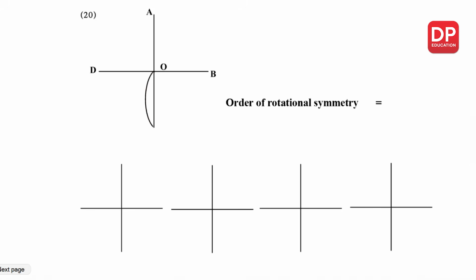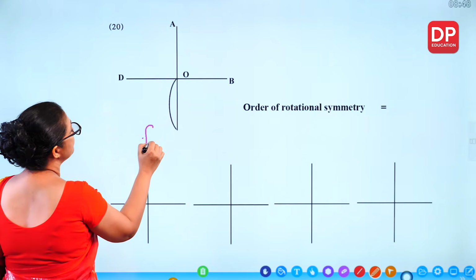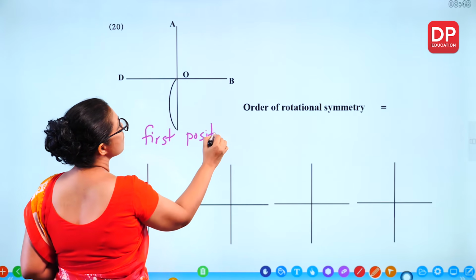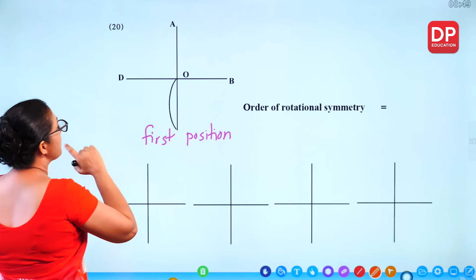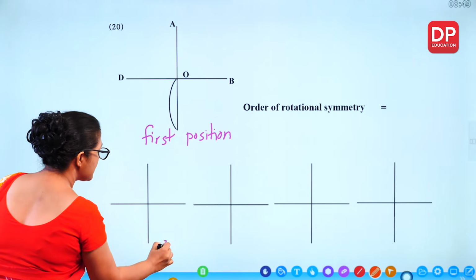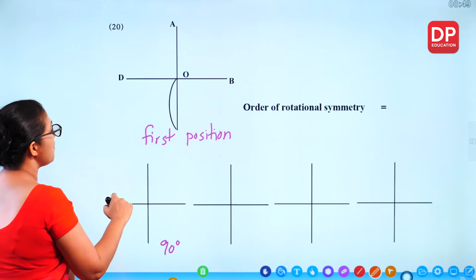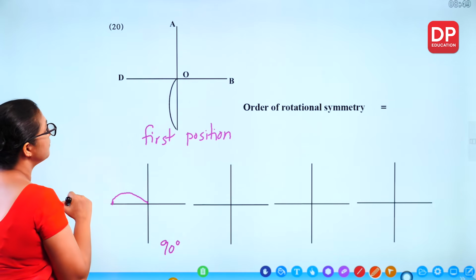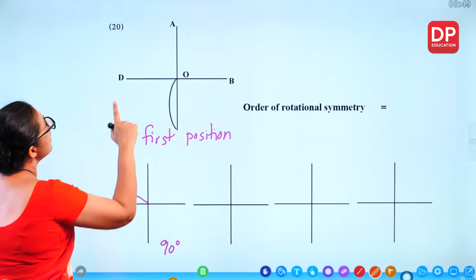This one. Now this is the first position. Now we'll do 90 degrees. What happens? This part comes here. So here AB.